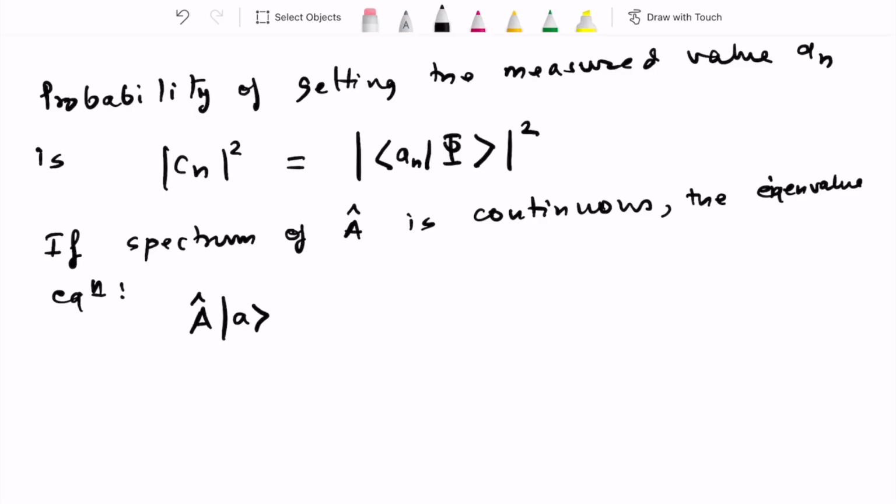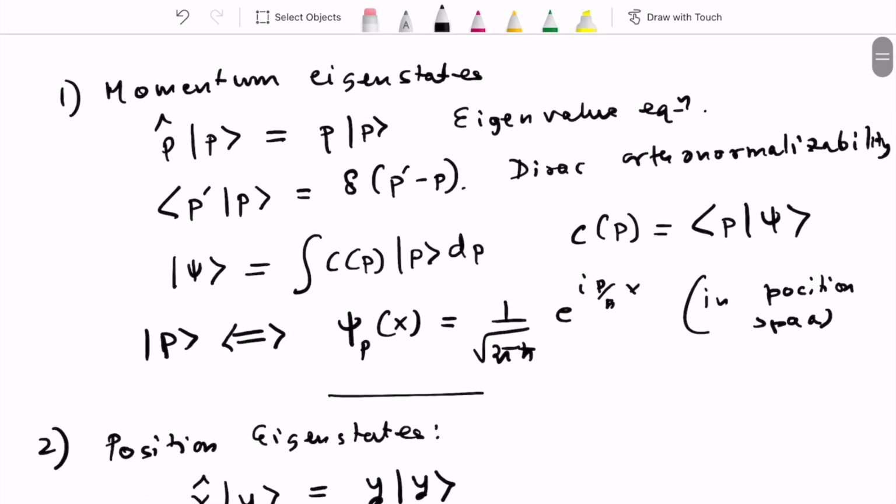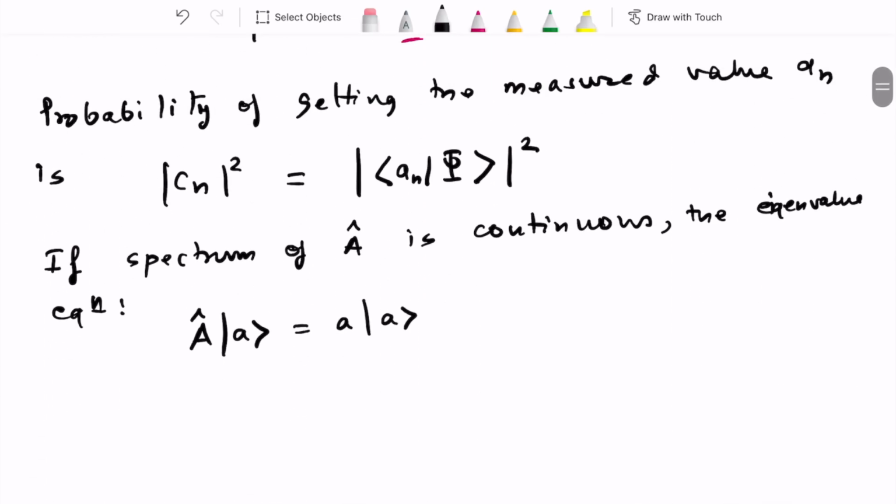Now I'm not using a discrete index to label the eigenstates. A is the eigenvalue and it's a continuous number, and so I'm just using A to label the eigenstates. This is very similar to how we used the momentum to label the momentum eigenstates, or position to label the position eigenstates, because these are continuous quantities. I'm just using a more general operator A.